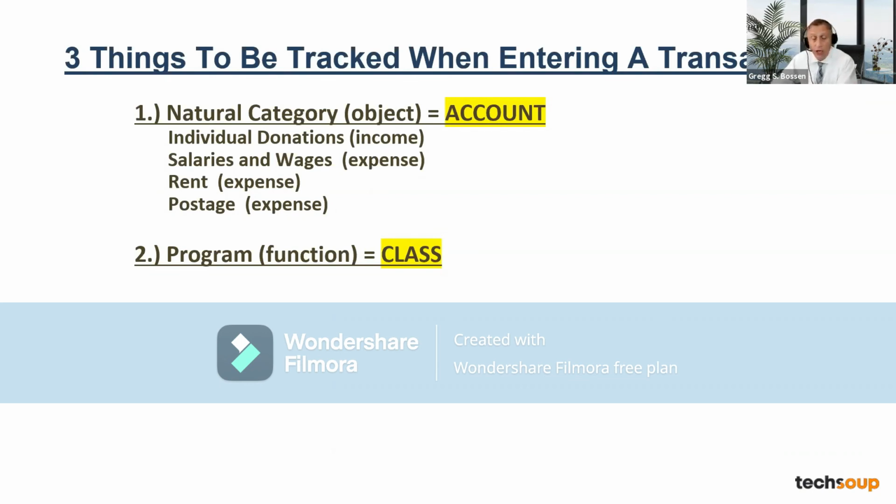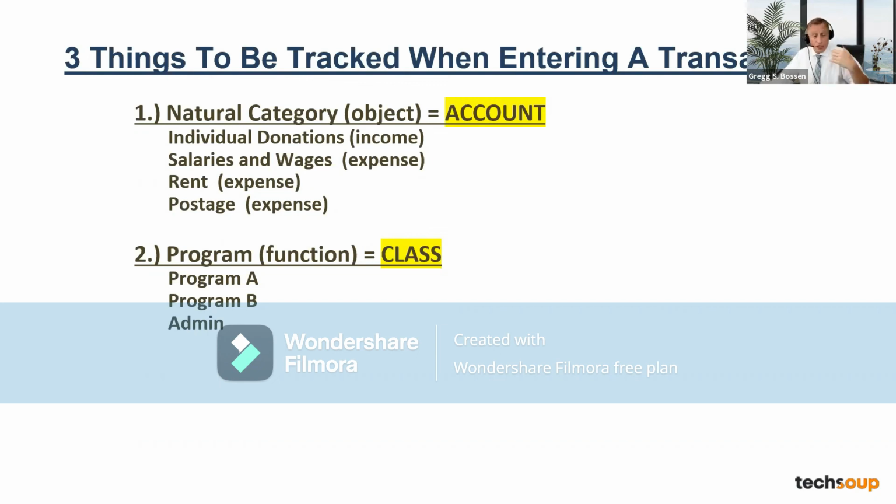You should be using the class list for your program, admin and fundraising, and you should be using the customer job list for your grants. So you have a separate class for each program that you're running. And then if there are transactions like buying QuickBooks that don't have anything to do with the program, they're just kind of admin stuff, you put that to an admin class.